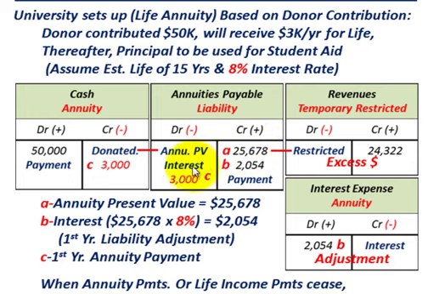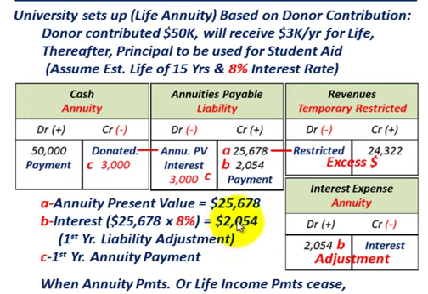Okay, so now comes along the year where we're going to have to make the first year adjustment to this liability, our annuities payable, and that's based on the interest that we have. So let's say we have the present value of $25,678 times that interest rate of 8%.